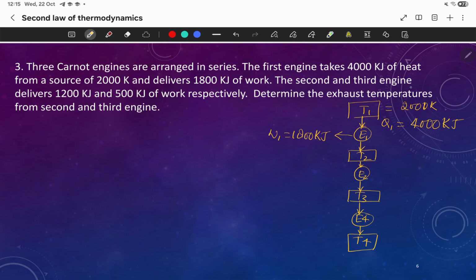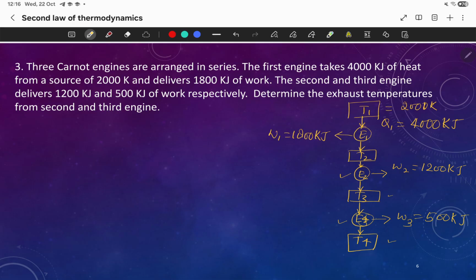For the second and third engines, W2 is 1200 kilojoule, and this is engine 2, this is engine 3. The third engine delivers 500 kilojoule. Determine the exhaust temperatures from the second and third engines, so we want T3 and T4.